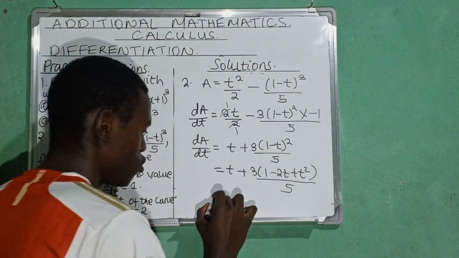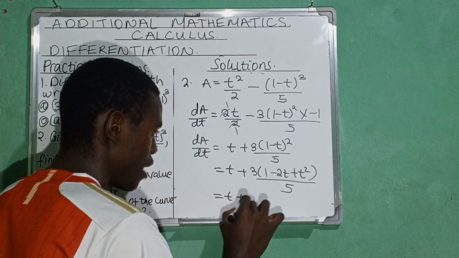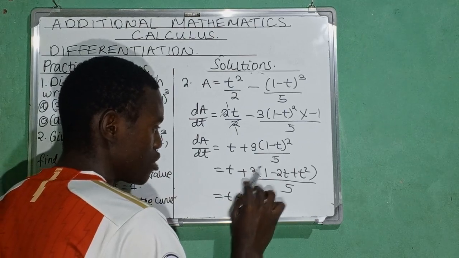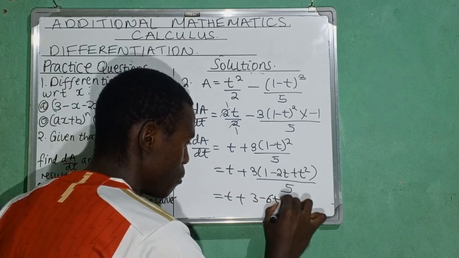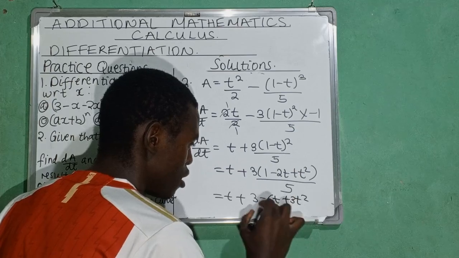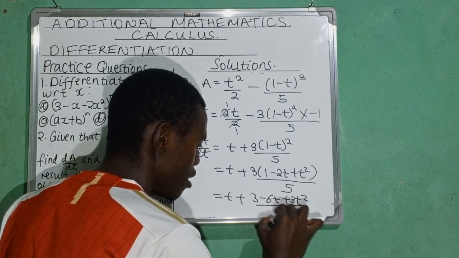To proceed, it's going to be equal to t plus, we distribute the 3 in the bracket, 3 minus 6t plus 3t squared. Everything is being divided by 5.